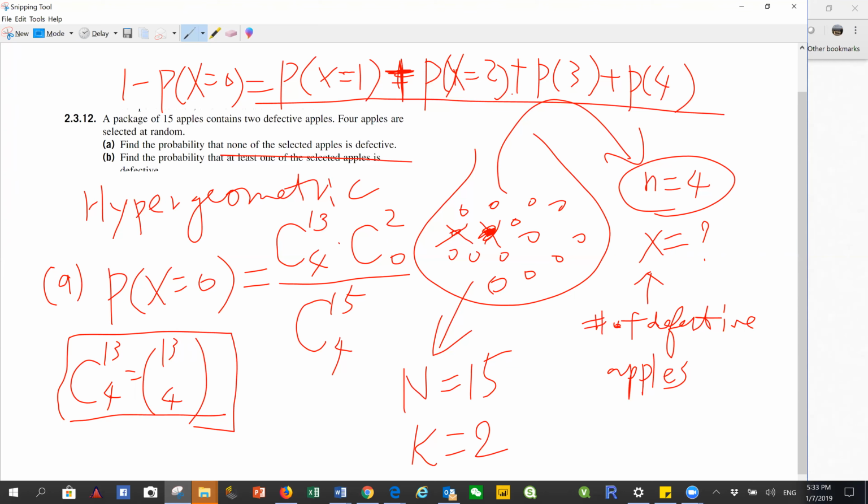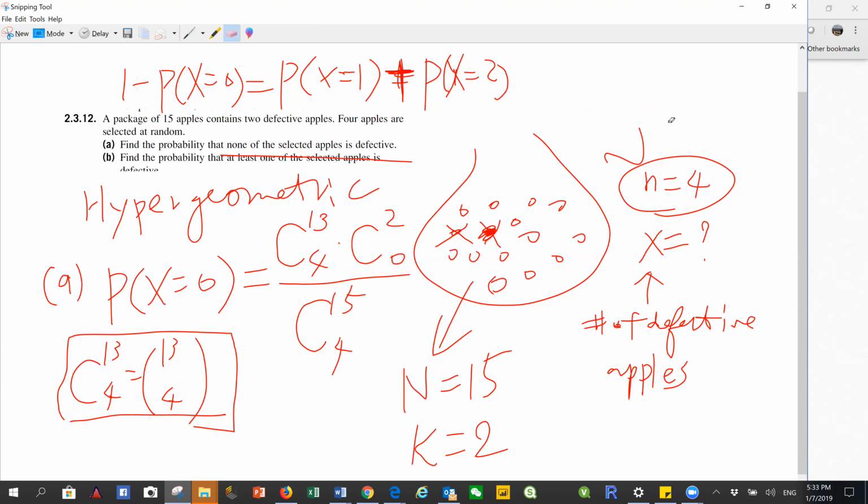What I wrote was wrong because 13 plus 2 equals 15. So obviously you can have 3 bad apples? Impossible, because there are not that many bad apples in there. So that is impossible.